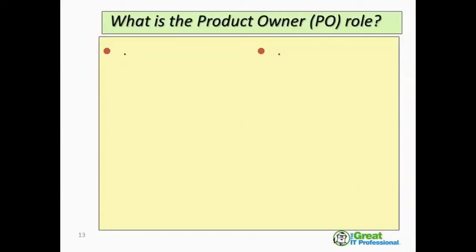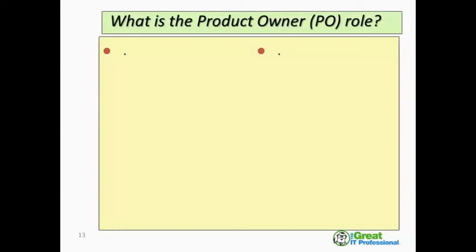So, I'm going to take a small risk here and try to make this a somewhat interactive session. So I'm going to ask you folks, if you would, to enter in the chat window, I'm going to hope to keep this more visible, what is the product owner role?